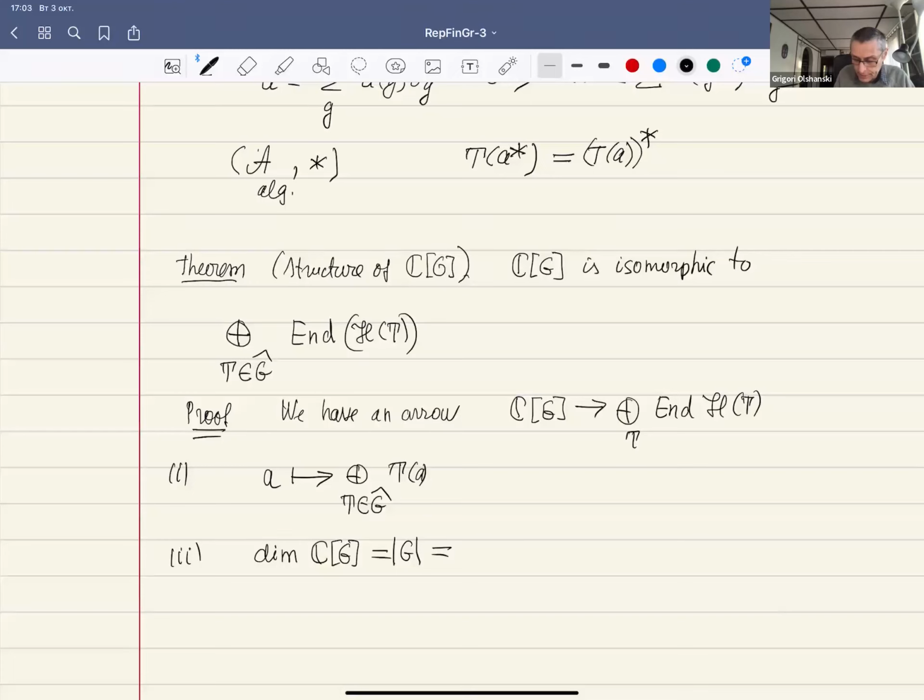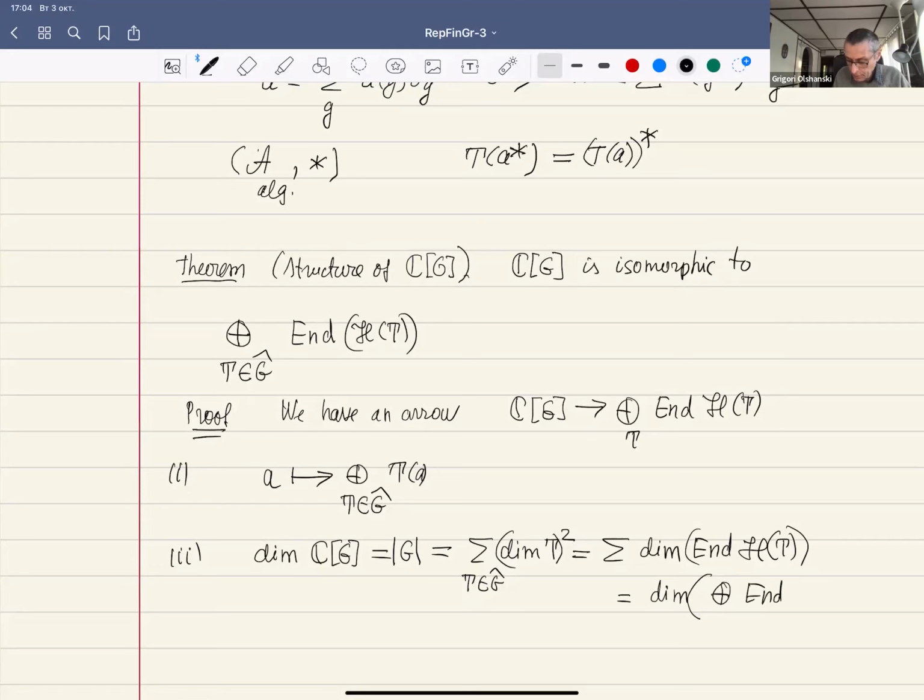And recall that this is the sum of squared dimensions of irreducible representations, and this is the same as the sum of dimensions of these algebras, which is the dimension of the object on the right-hand side.